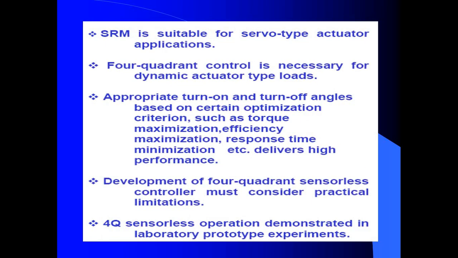SRM is a suitable servo type actuator for applications, and four quadrant control is necessary for dynamic actuator type load. Appropriate turn on and turn off angles based on certain optimization criteria, such as maximum torque, maximum efficiency, maximum response time, and loss minimization, deliver high performance.